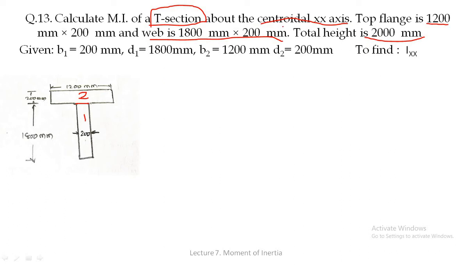Now they have specifically asked us to find the moment of inertia about the centroidal x-axis. So we have to find Ix. Here also, as 2 rectangles are there, the second rectangle added to the first rectangle, we have to use the formulas that we have used for composite sections.